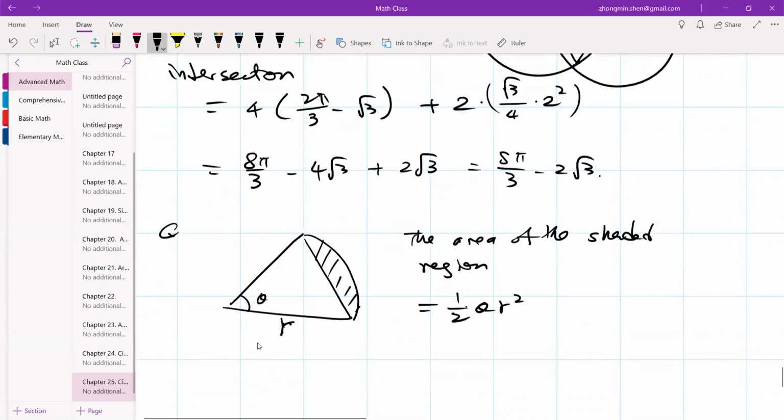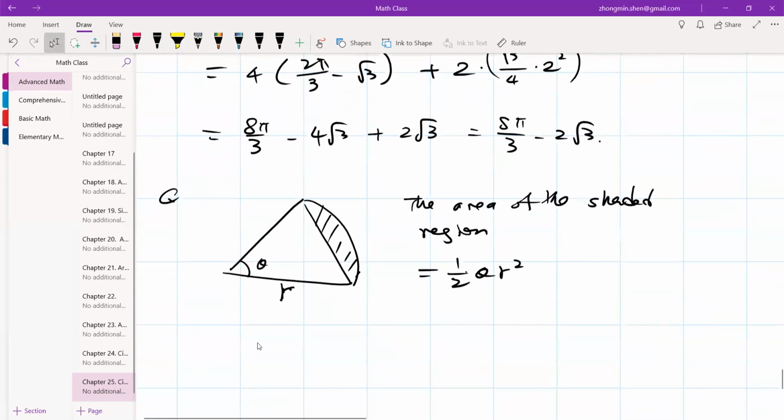Now, the problem is in general, it's harder to find the area of the triangle. So you have to find another way to find the area of the triangle. If I already know the other side, let's call it A, then you can find the area of the triangle.